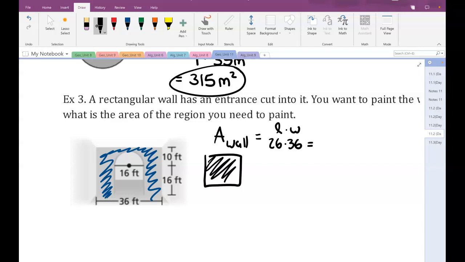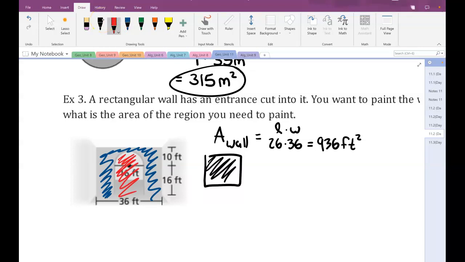You would do that on your calculator. 26 times 36 is 936. And we'll keep our units on it. So this will be feet squared. We're in feet. So now we have to take away from 936 the area of our archway, whatever is our area of our red space.